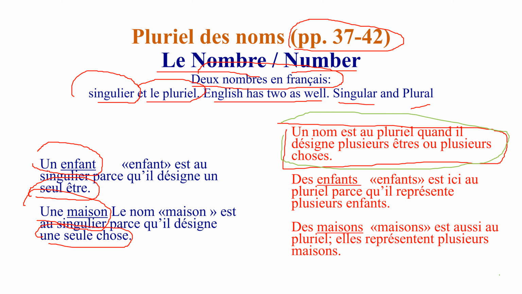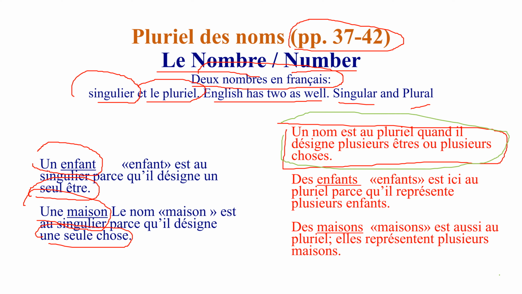But be careful, singular names ending in S, X, or Z do not change in plural. Okay? Ending in S, X, or Z do not change in plural. La souris, la noix, le nez. Notice that it already ends in S in its singular form.